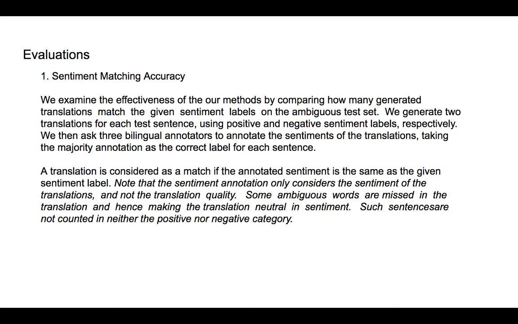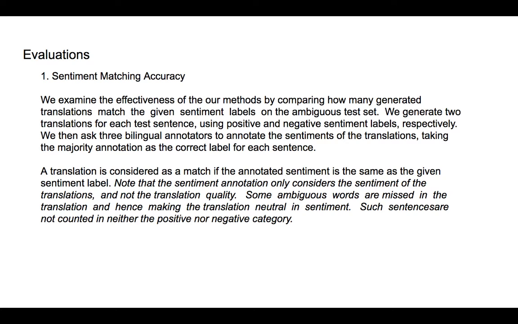We consider it a match if the generated translation has the same sentiment as the annotation. For example, if I input the positive label for the sentence "he's so proud" and it generates this translation, it is a match if the generated translation is indeed positive as annotated by the human annotators.